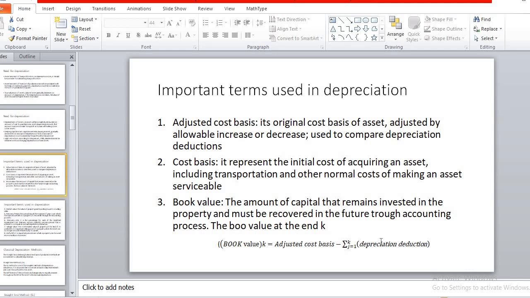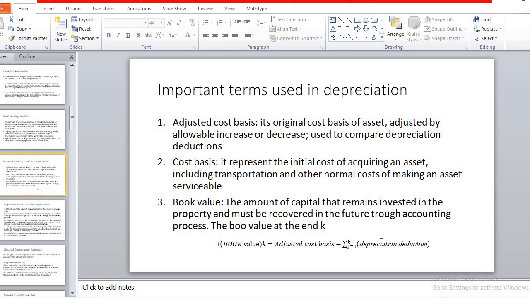The third one is the book value. In book value, this is the amount of capital that remains invested in the property and must be recovered in future through the accounting process.